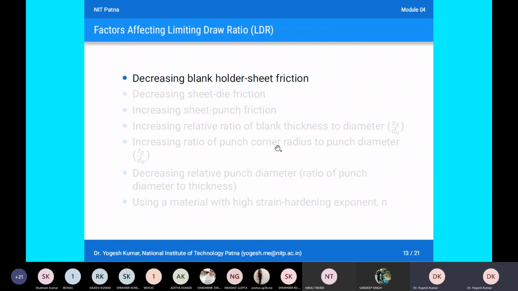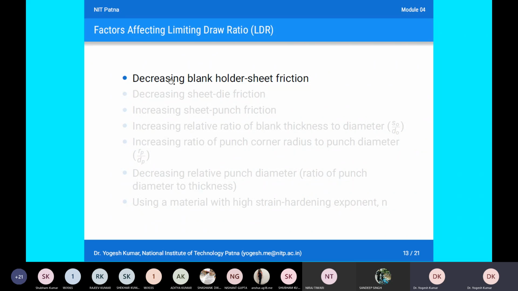There are certain factors which affect your drawability or limiting draw ratio. These are the factors which can improve the drawability of your sheet, or which can increase the limiting draw ratio.